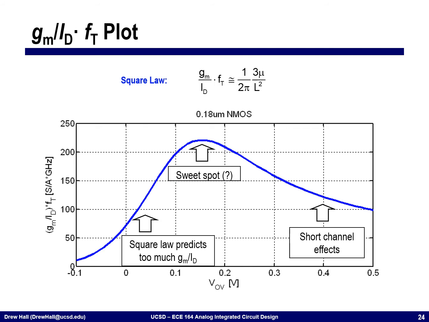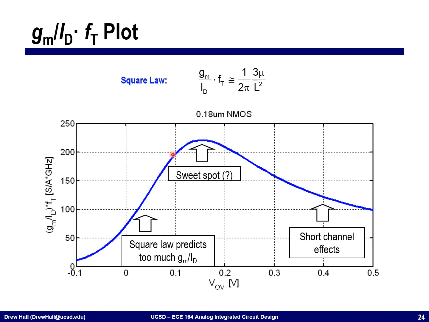However, if you actually do the plot for the real technology, taking into account all of the non-idealities, we see a much more interesting plot. Here we're showing GM over ID times FT, that same quantity that we calculated previously. But rather than getting a flat line, we get this interesting curve that shows there really is an optimum place to bias the transistor. At the lower end, the square law is predicting too much transconductor efficiency, and that's where we deviate from the flat line.